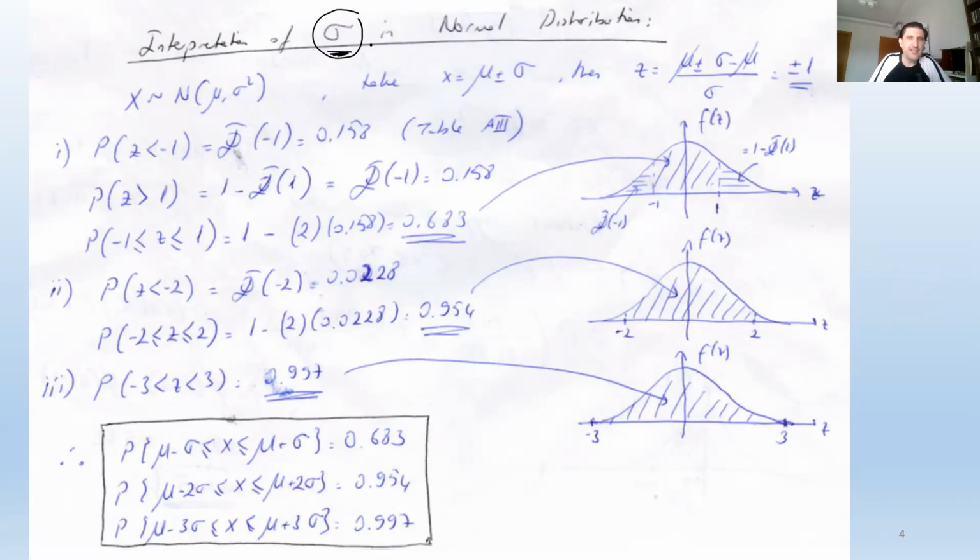Here, for instance, if we take 1 sigma around mu, plus and minus, so if we take an x value from mu minus 1 sigma to mu plus 1 sigma, that's one standard deviation on the right hand side, one standard deviation on the left hand side.